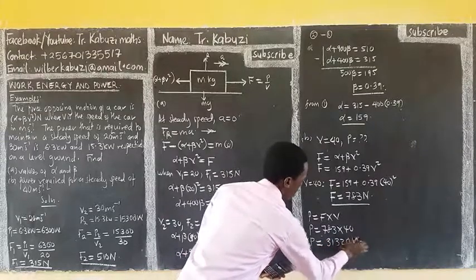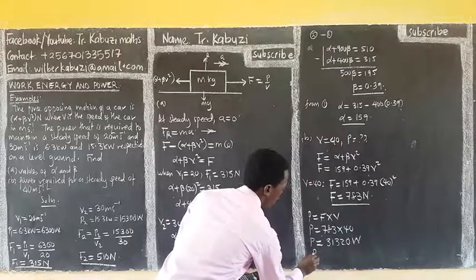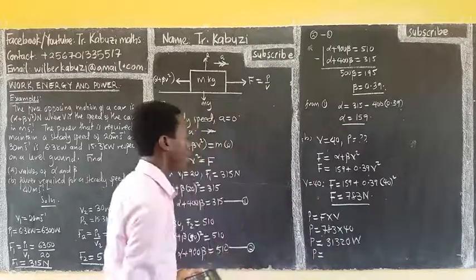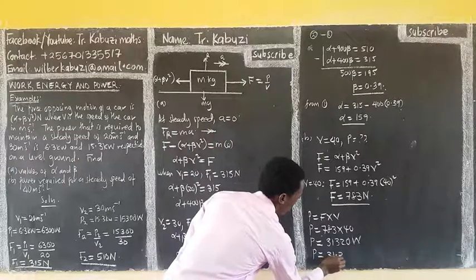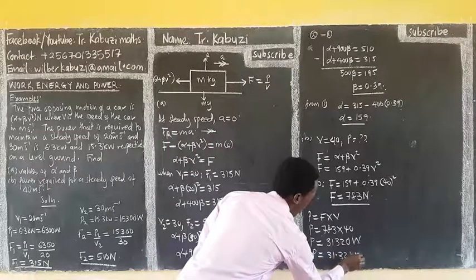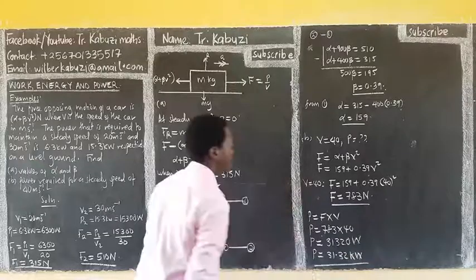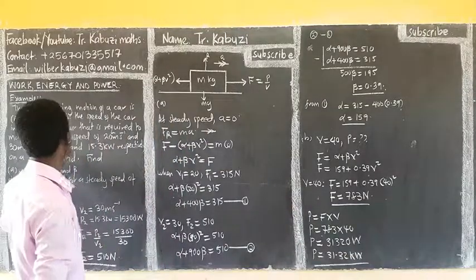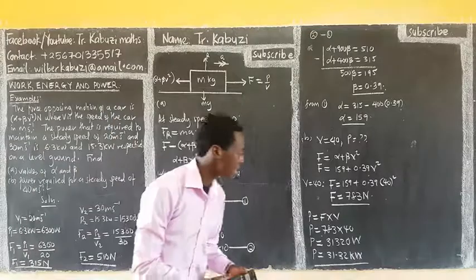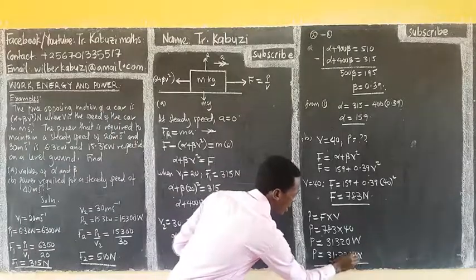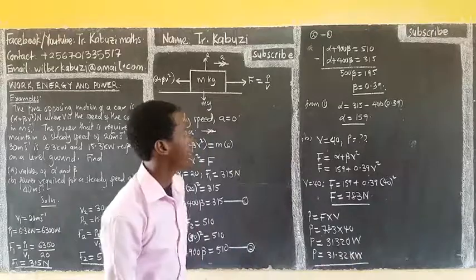These are watts, which we can convert to kilowatts by dividing by 1,000, giving 31.32 kilowatts. Why are we converting to kilowatts? Because for every velocity given, its power was given in kilowatts. So that's it, members. I wish you well.